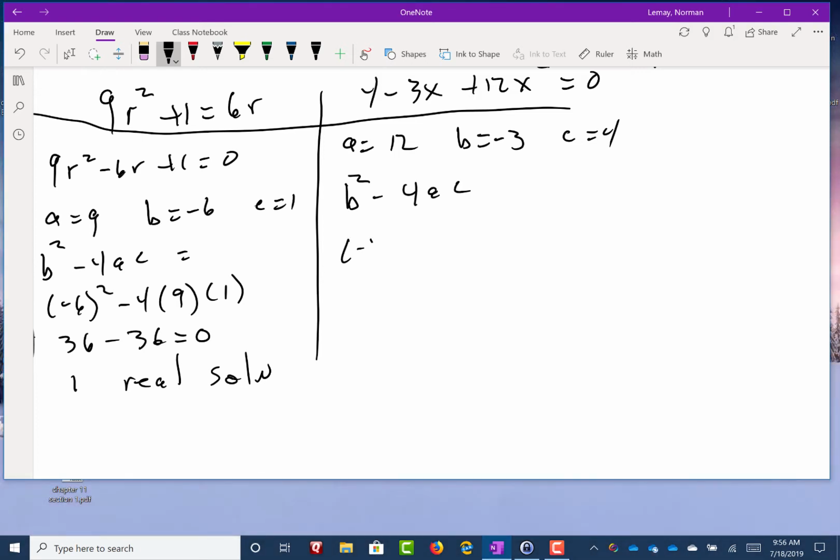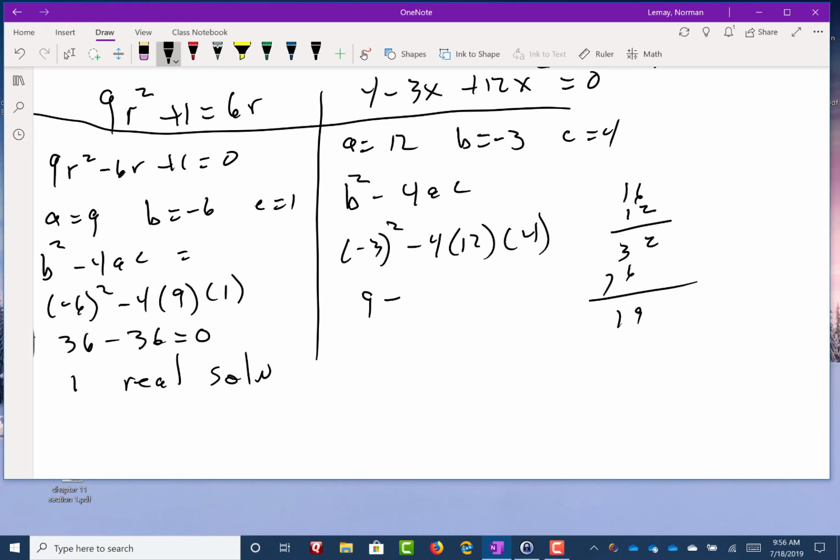So we're going to get negative 3 squared minus 4 times 12 times 4. So here we get 9 minus a pretty big number. 16 times 12 is 192. At the end of the day we can see that this is going to be negative. So we're going to have 2 complex solutions.